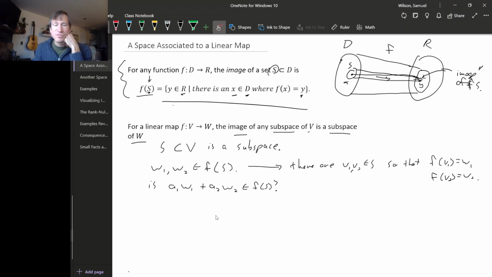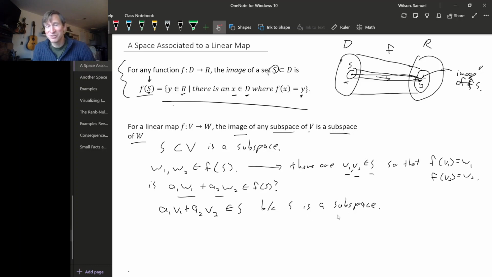So now we need to produce some element of S so that F turns that into this linear combination of W1 and W2. Well, let's consider this linear combination, A1V1 plus A2V2. Now this has to be in S, because S is a subspace. V1 and V2 are both in S, so S has to be closed under linear combinations, so A1V1 plus A2V2 has to be in S.